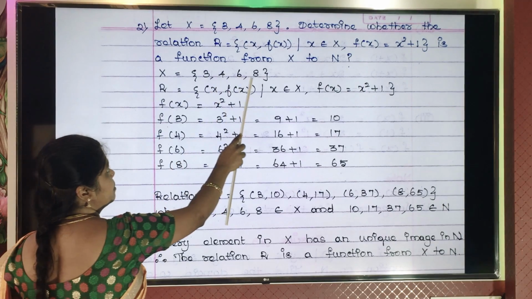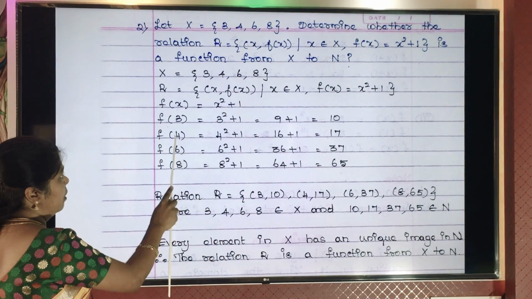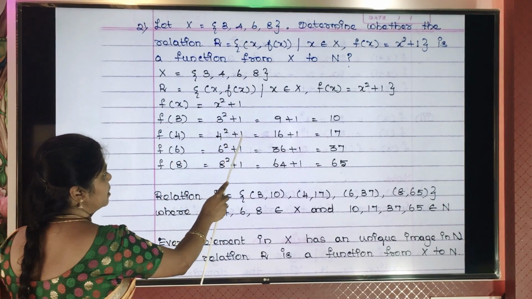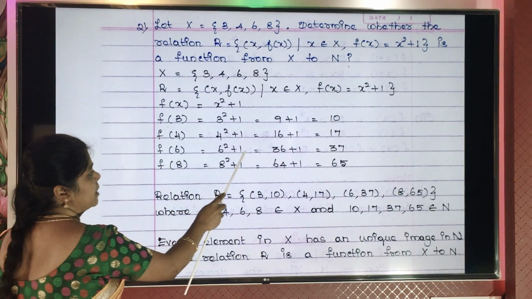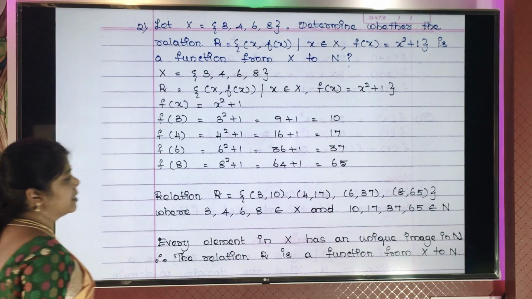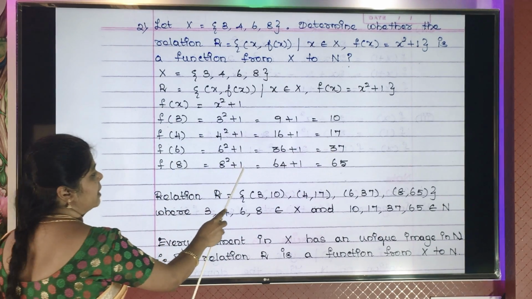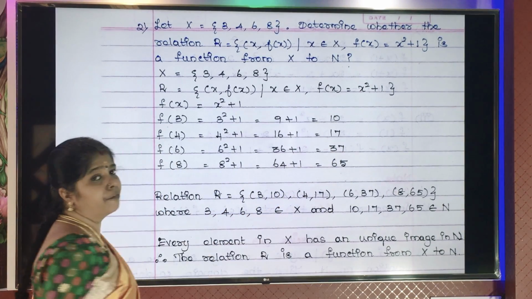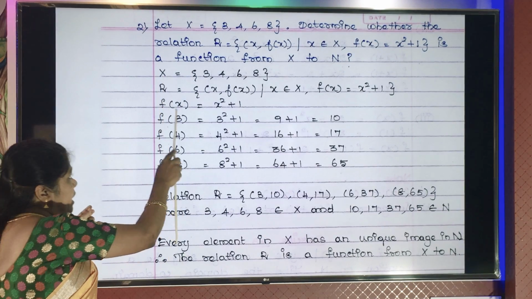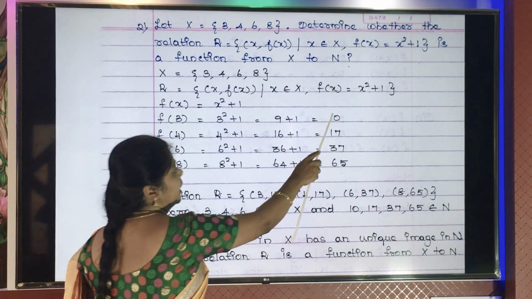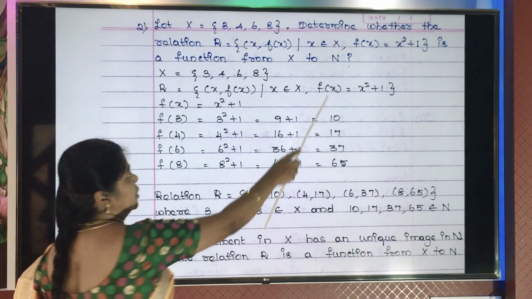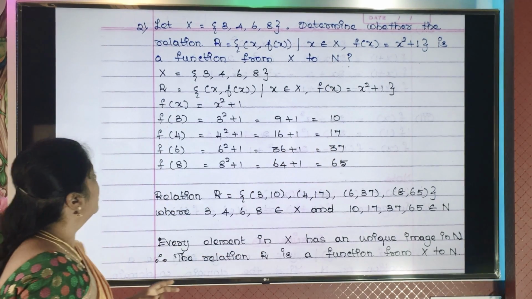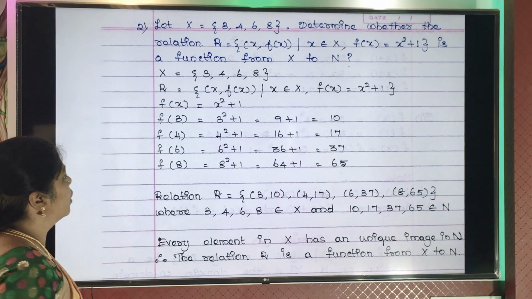Similarly, you have to substitute the other values also. 4 squared plus 1, 16 plus 1, 17. 6 squared plus 1, 36 plus 1, 37. 8 squared plus 1, 64 plus 1, 65. So for each value of x, you are getting a value in the set Y, which is the natural number set.